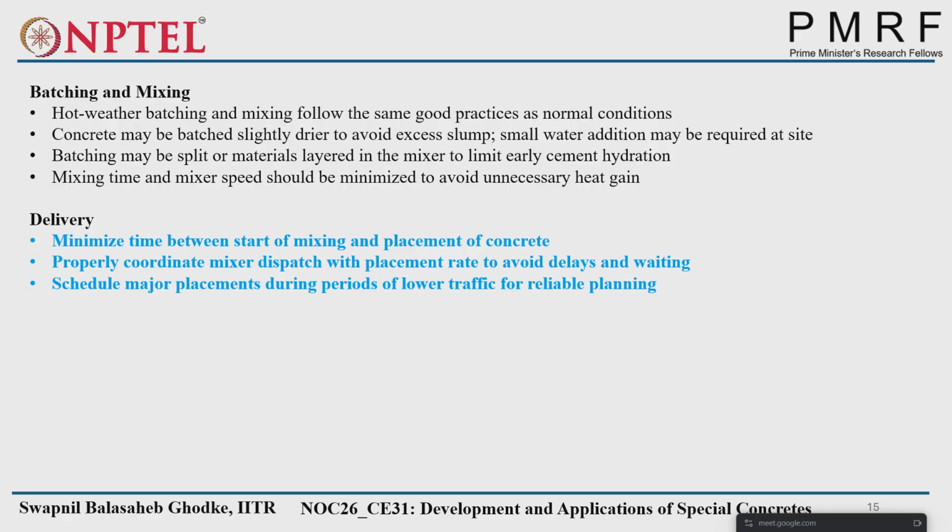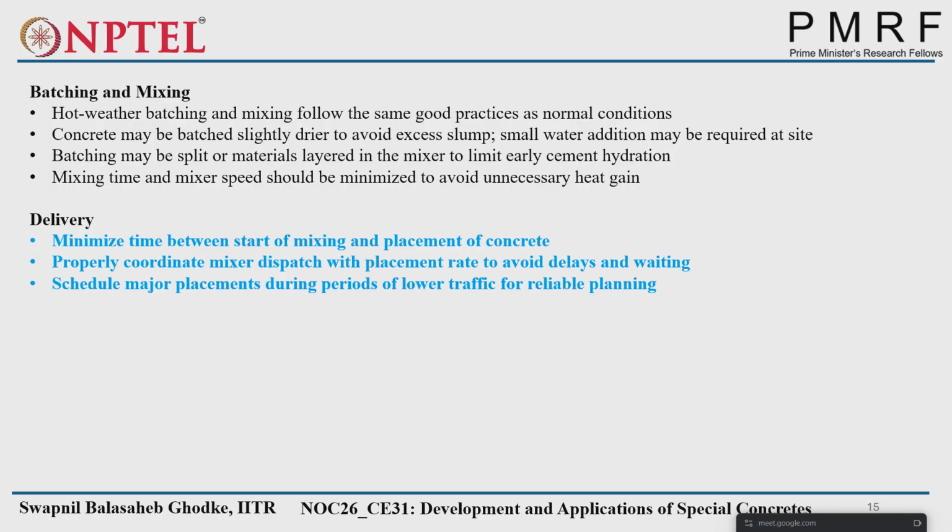But what happens? They start from there, and due to the traffic, they arrive after 1 hour. After coming from 1 hour, the concrete will not be the same, right?